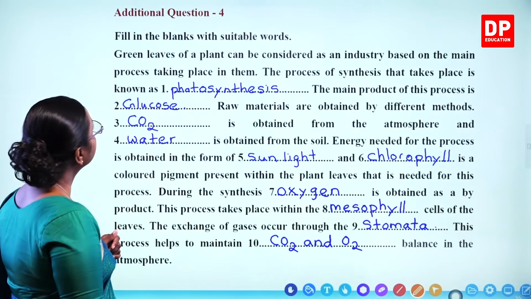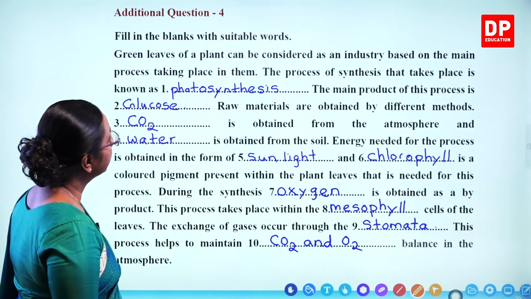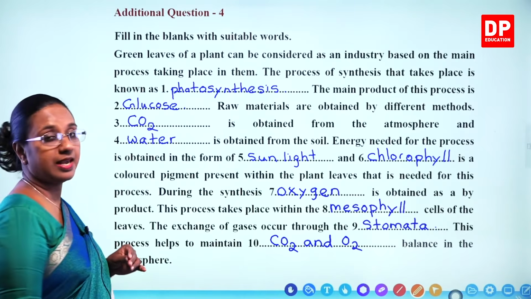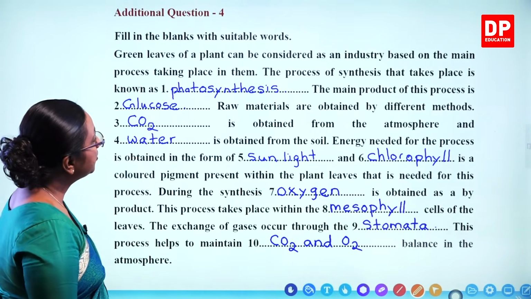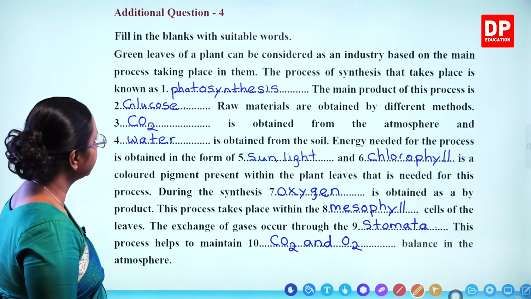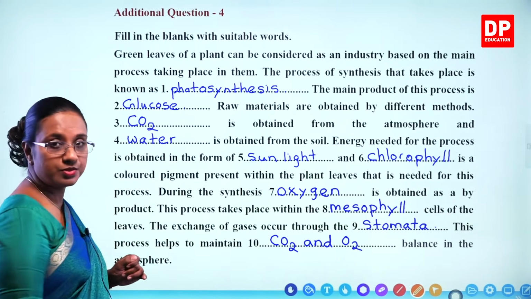I will read the paragraph again. Green leaves of a plant can be considered as an industry based on the main process taking place in them. The process of synthesis that takes place is known as photosynthesis. The main product of this process is glucose.